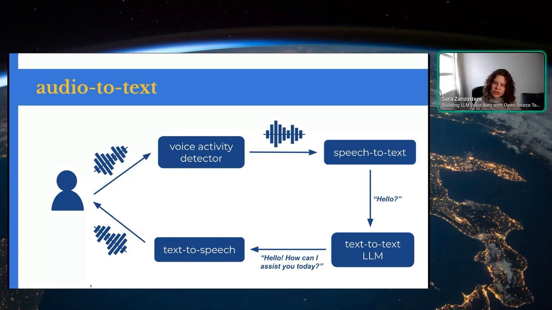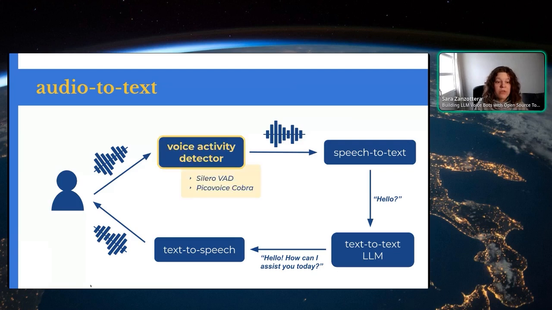The audio to text version of a voice bot is the more established one right now. It has been around since text LLMs have been around. It is made of 4 parts, and you can see what each of them does.